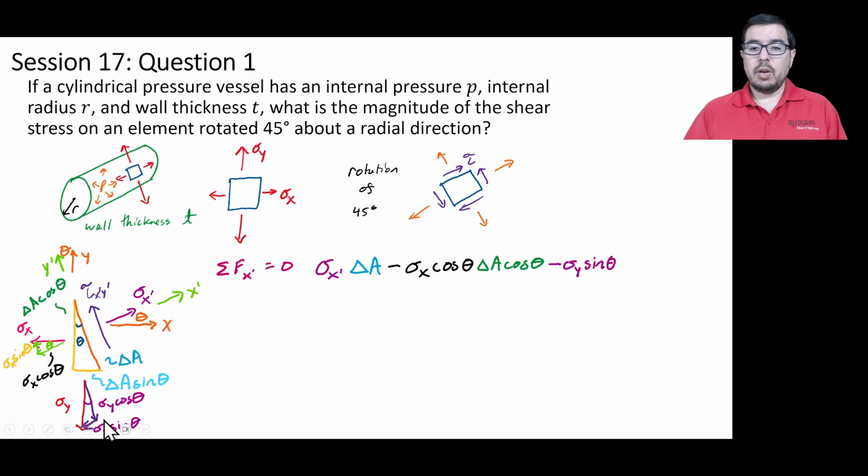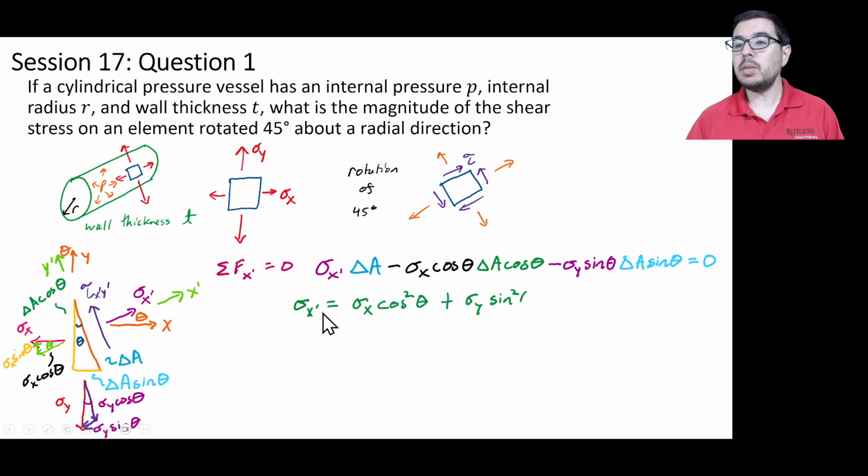And we have our sigma y sine theta. Again, this component is in the opposite direction and parallel to x prime, and that's acting on an area. So this is just a component of the sigma y stress acting on the delta A sine theta face. And we set this equal to 0.